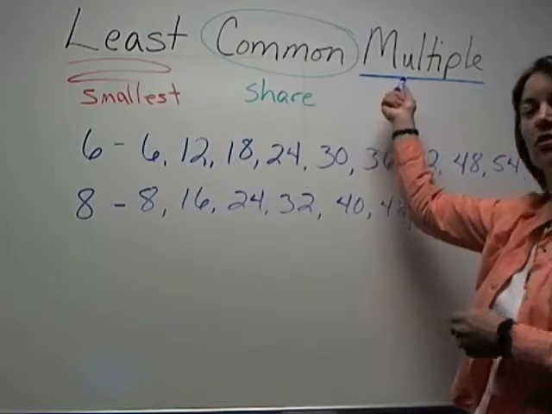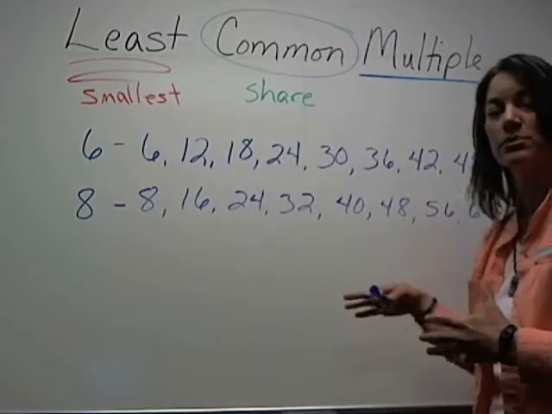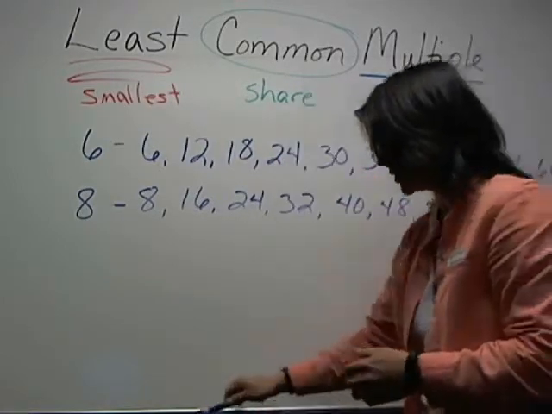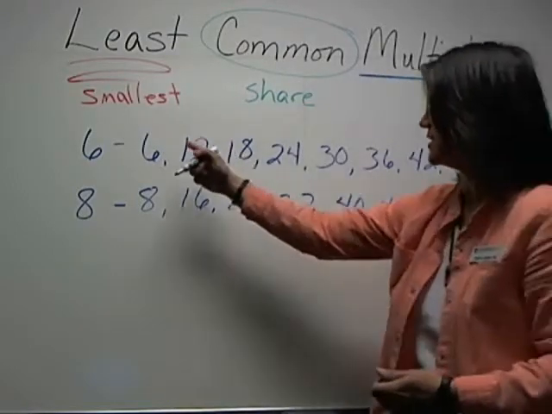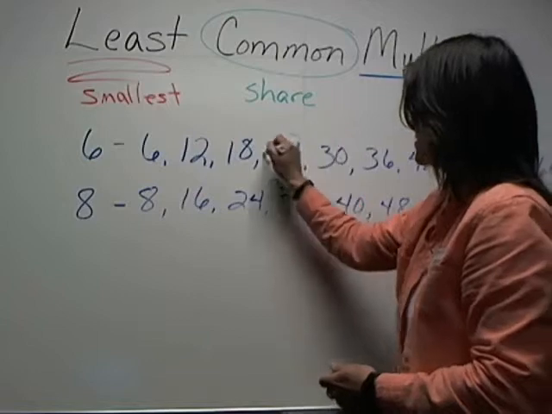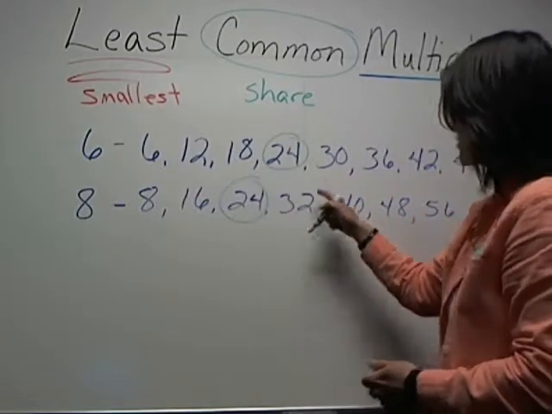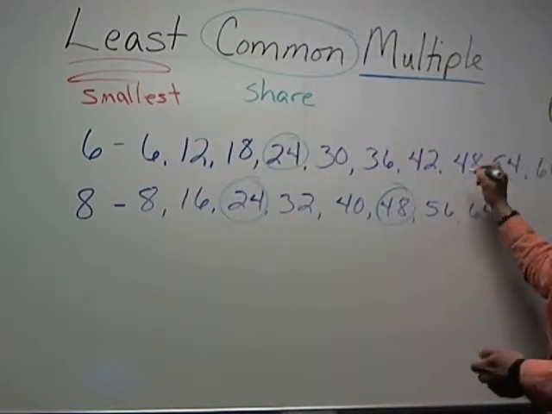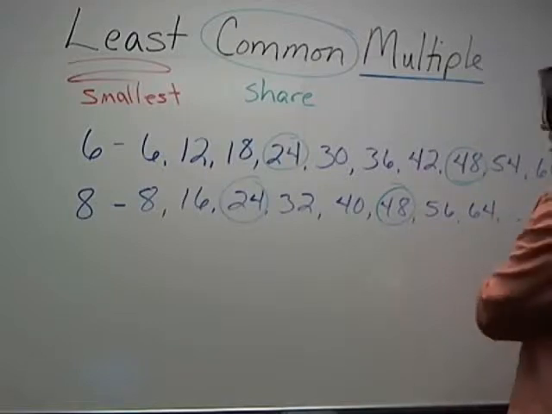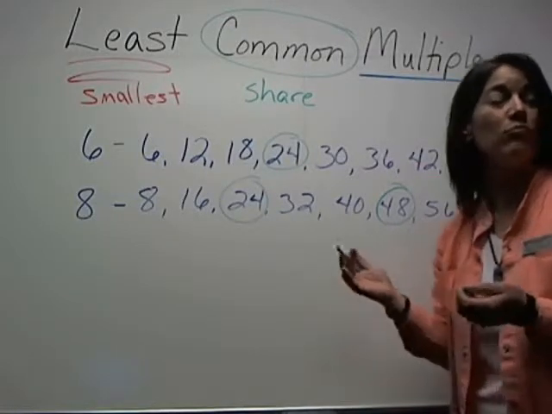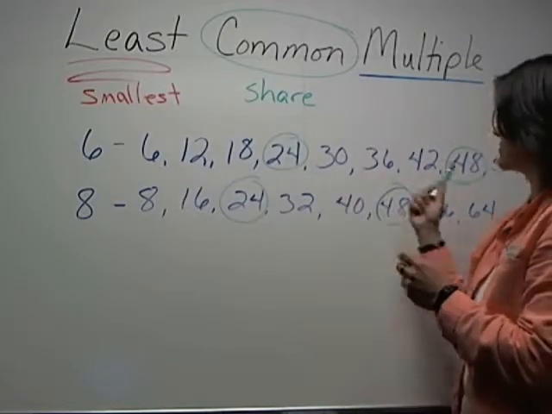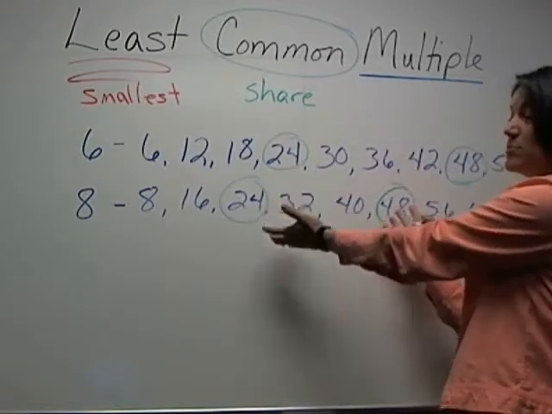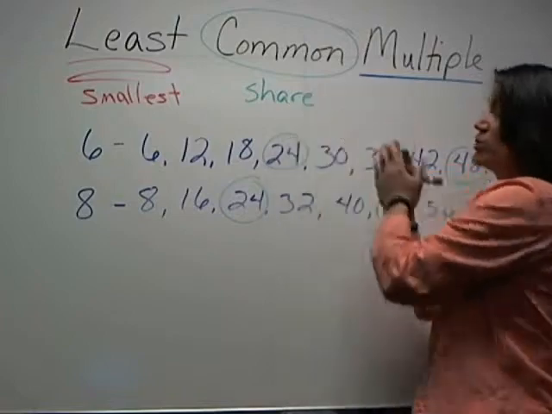So we've taken care of the noun. We've found multiples. Now we want to find the ones that they share. Look through here and let's see here. Oh, they each have a 24. Oh, they each have a 48. And I'm sure if we had continued on, we would have found more of them that they share. So we have two different numbers that are multiples of 6 and 8 that they both share.